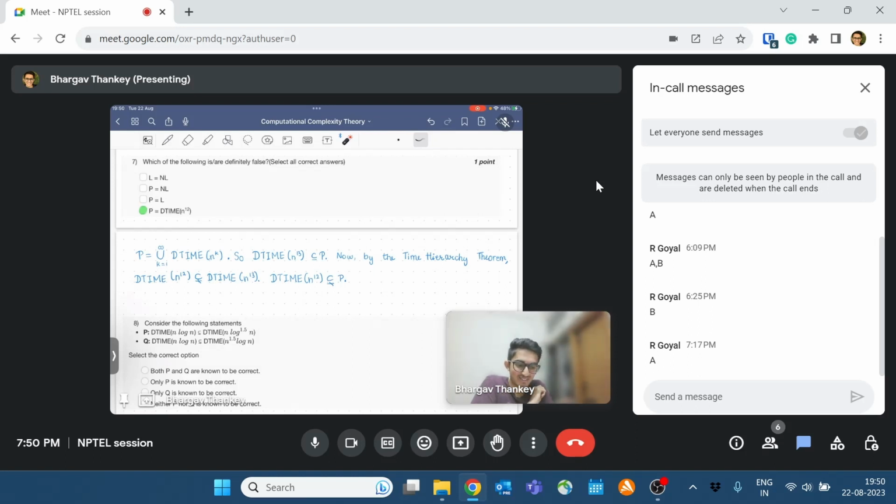Okay. What I said was this. Suppose 3-SAT were solvable in polynomial time, say n to the k time. Then my claim was that all of NP is in DTIME n to the k. This claim is false. All you can say is that all of NP is in P. I cannot say that all of NP is in DTIME n to the k.